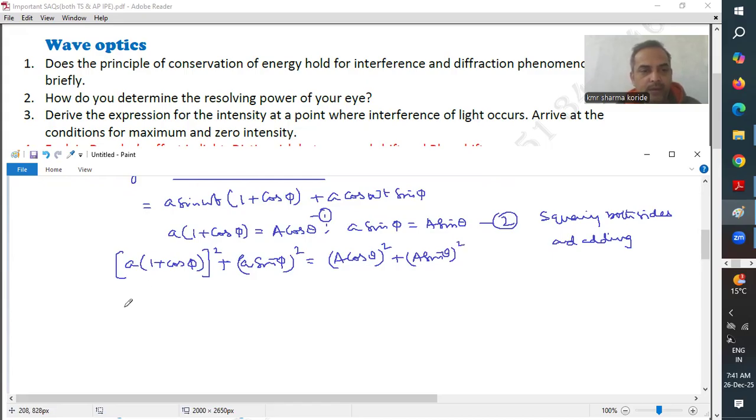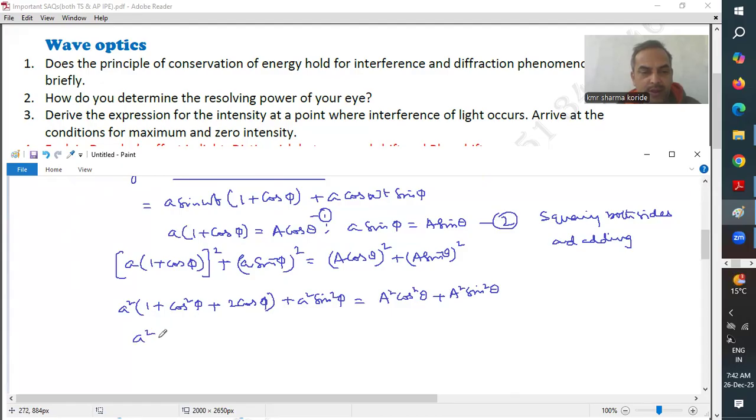Now A squared times (1 plus cos phi) squared, because (a plus b) whole squared gives cos squared phi plus 2 into 1 cos phi, plus A squared sin squared phi. Right side: A squared cos squared theta plus A squared sin squared theta.